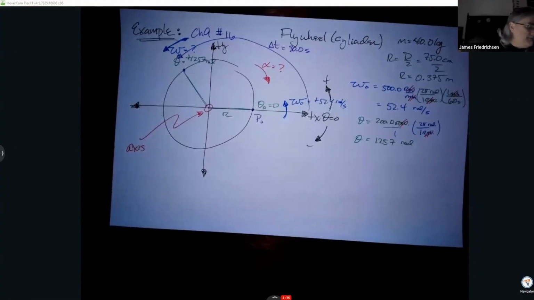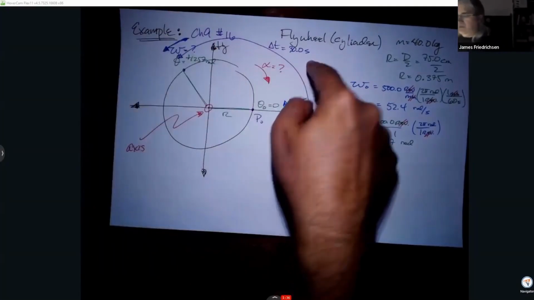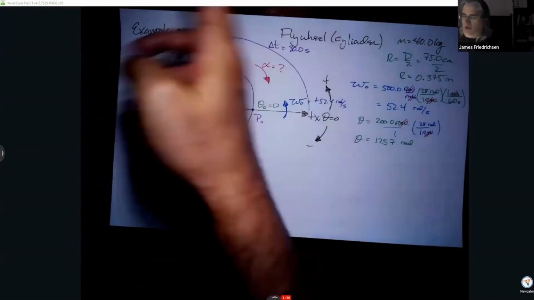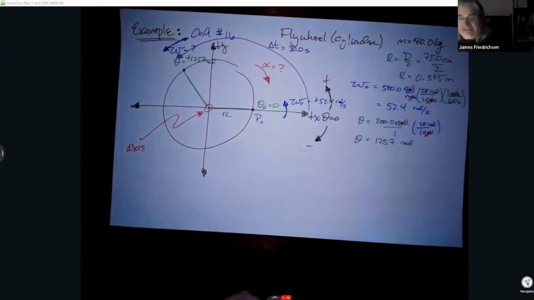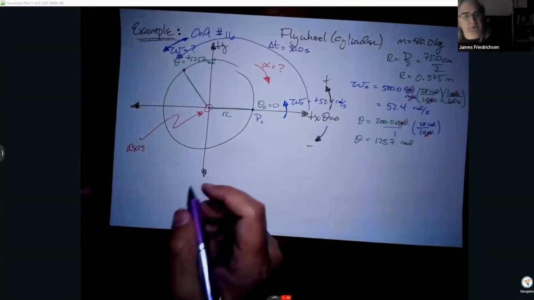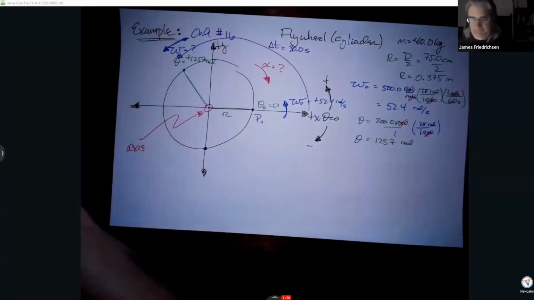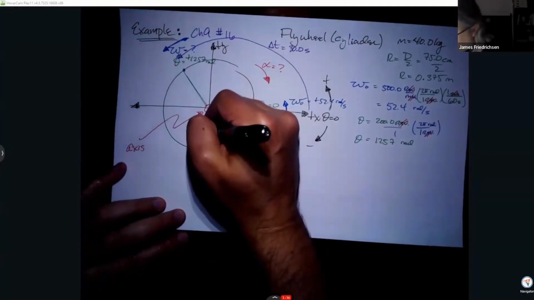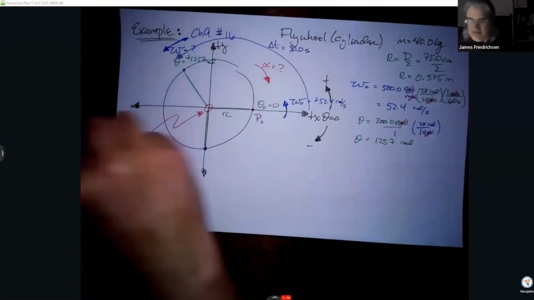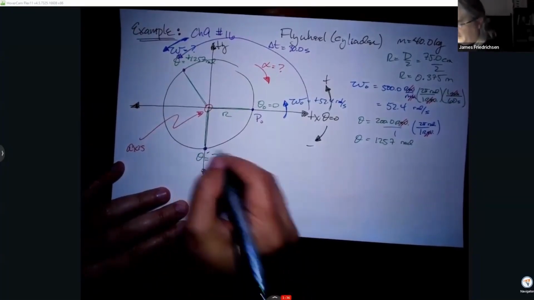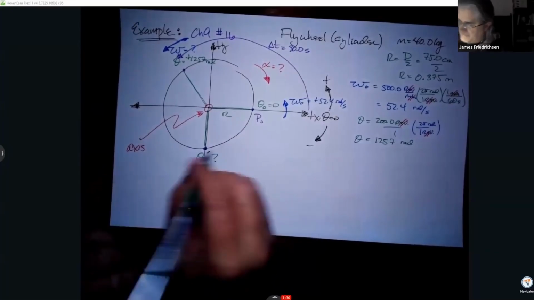And then, so this was during the 30 seconds when the power was off. And then they asked us another question, which was, how long would it take until it comes to a complete stop? Let me put the complete stop down here at this point. So we are still that same radius away. And so I don't know where we're at here. Maybe I'll put a little prime on that theta.